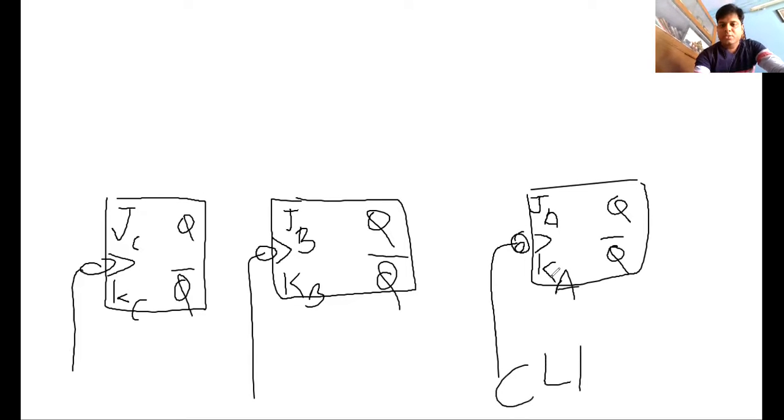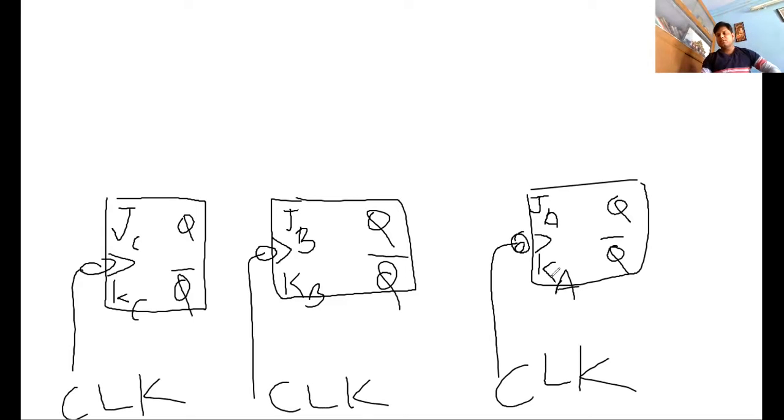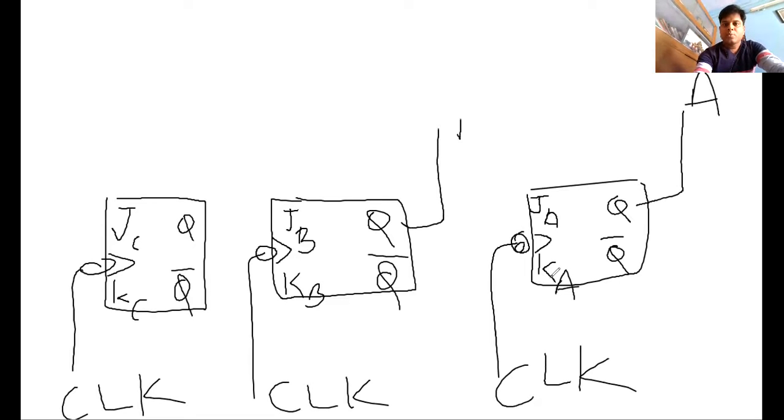So we have mentioned CLK, CLK, CLK. What is the equation? JA equal to BC. So the three inputs ABC are the present state, so we have to mention here A, B, and C. Three input sections ABC present state is there.